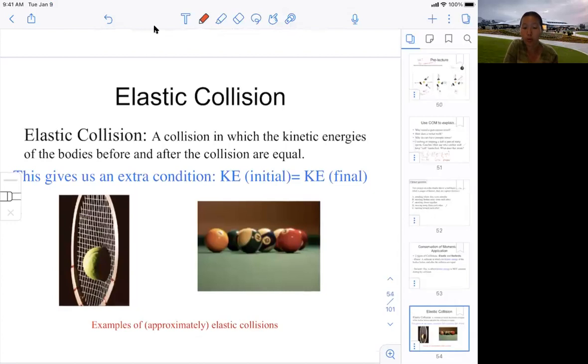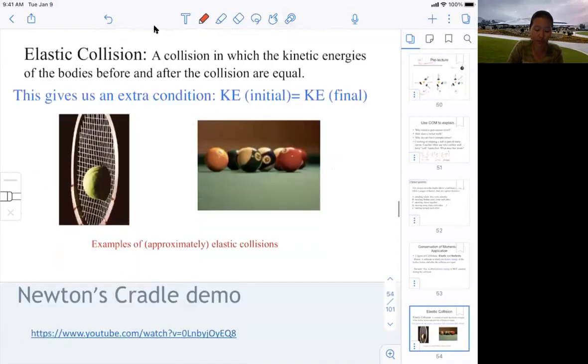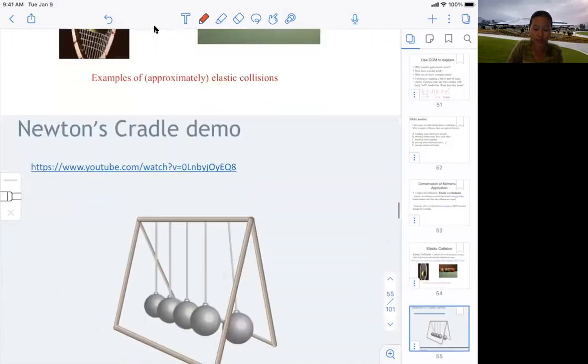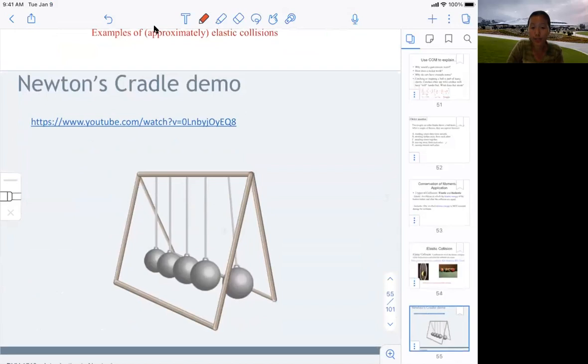Also, playing pool: one ball will hit another, and if they're exactly equal mass, the one that's being hit carries over the exact same kinetic energy and velocity. So the kinetic energy remains constant before and after the collision. Let's see an example of an elastic collision.